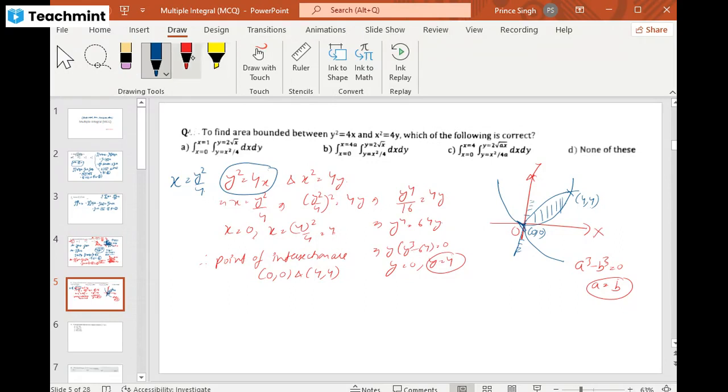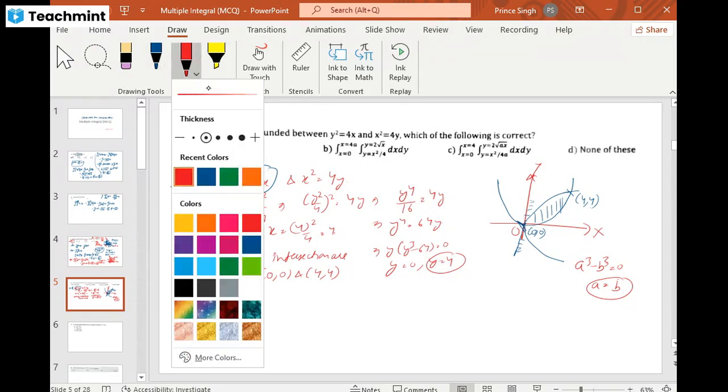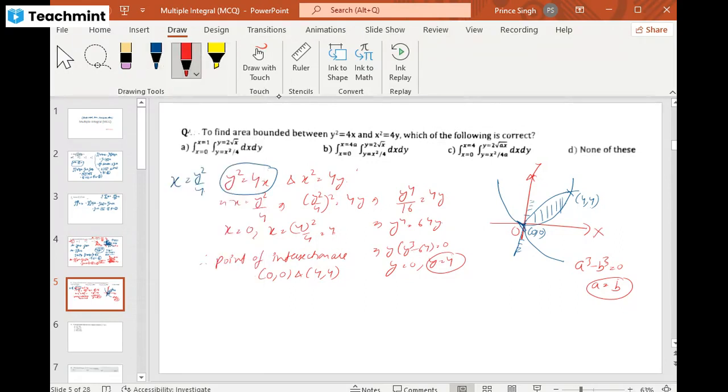Now the next step is to find the limits of x and y. If you look at all these options, we are given the inner limit as a function of x. It means we need to move vertically because we need to find the limit of y.